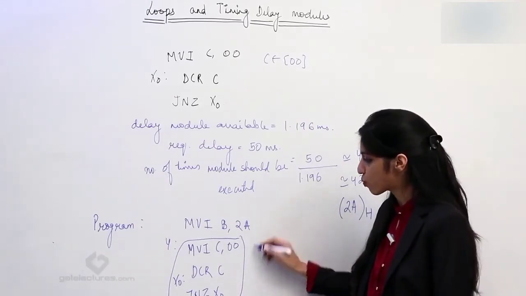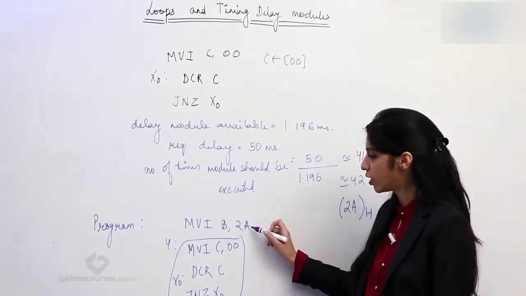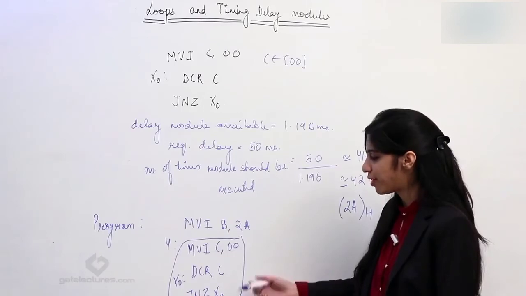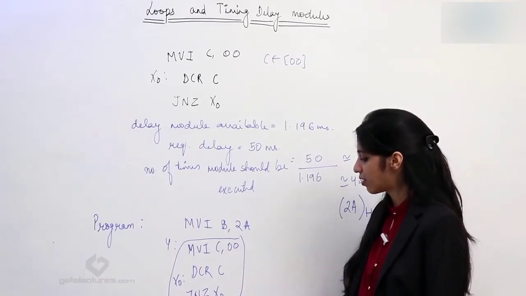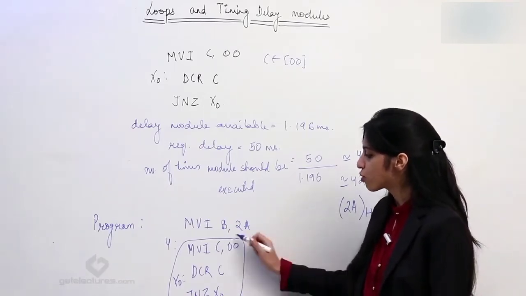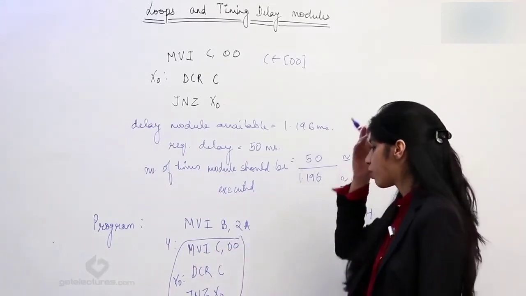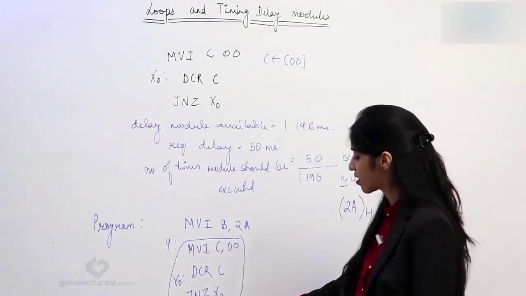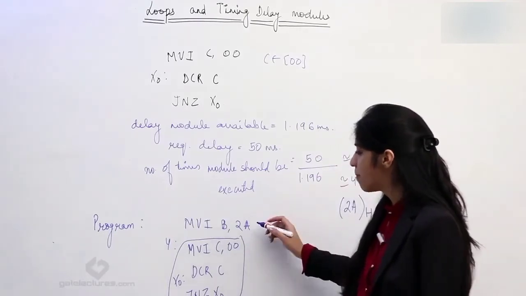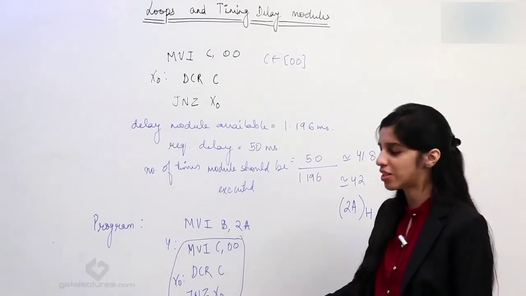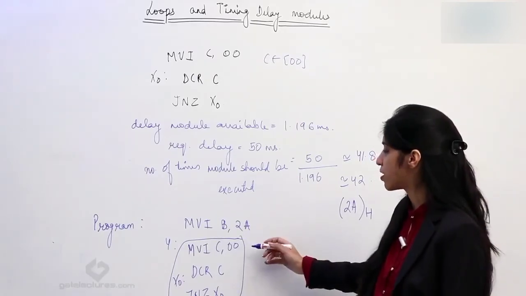So this program is going to run for 42 times, right? Since you have loaded B with 2A, every time B will get decremented and you are going to check it for 0. So this module is going to run 42 times and it will produce a total delay of 50 milliseconds. I am not considering T states for these other instructions, because they are negligible compared to the total number of T states.